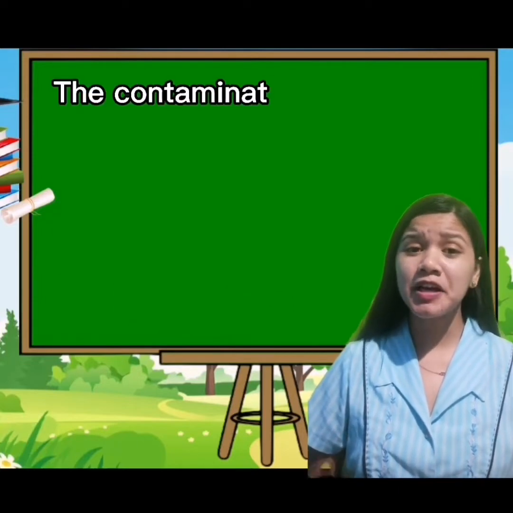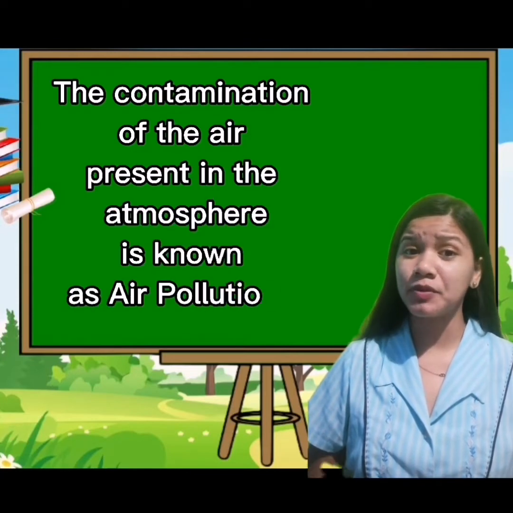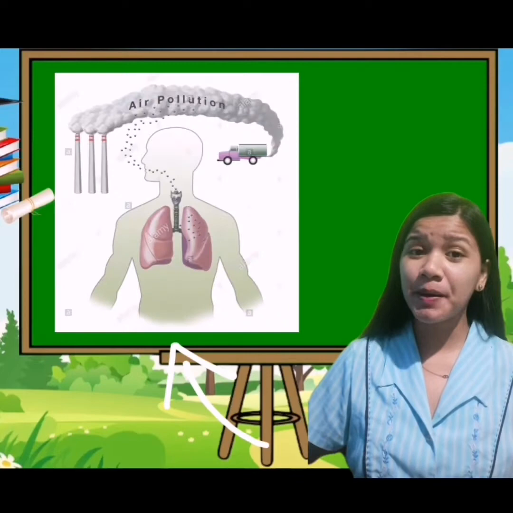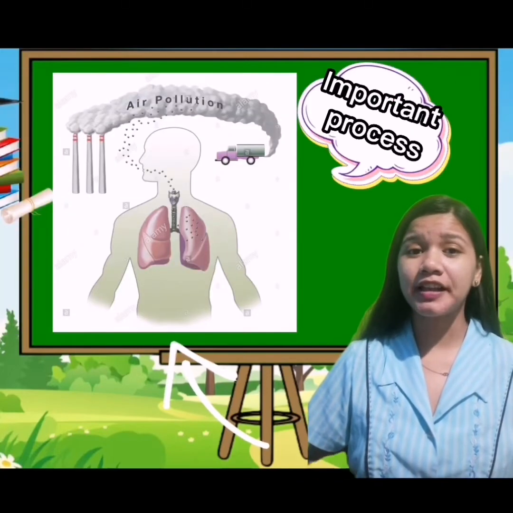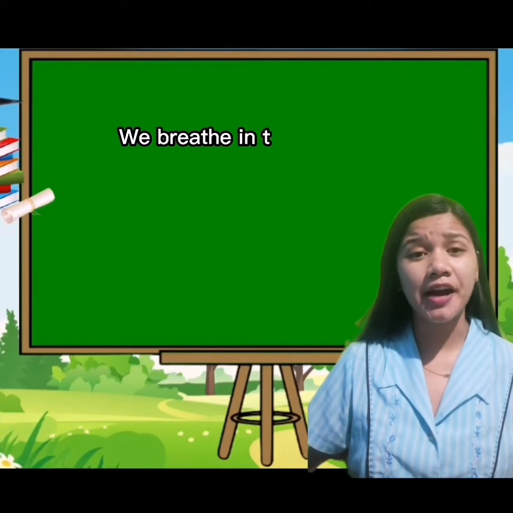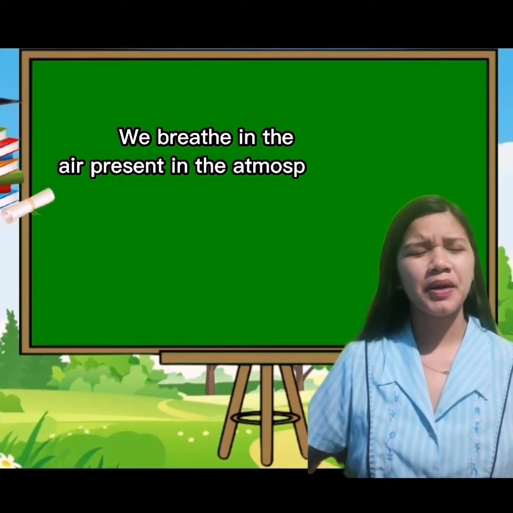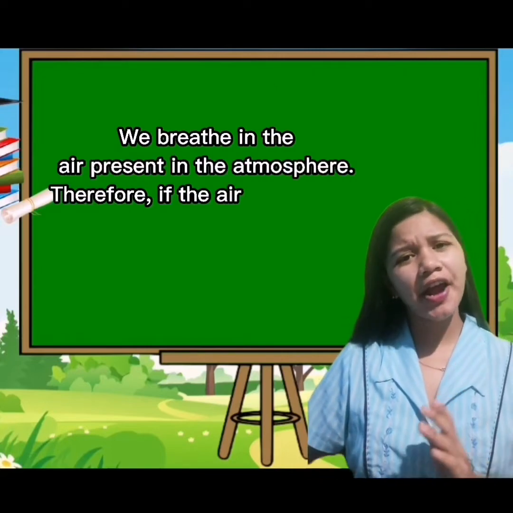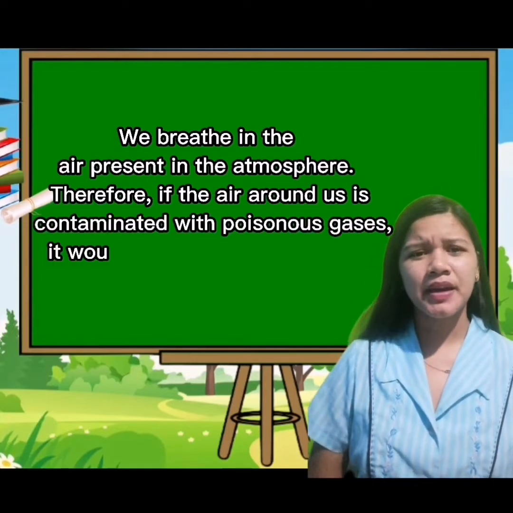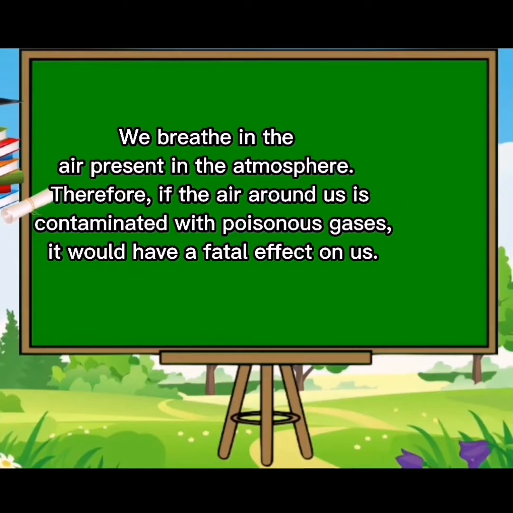The contamination of air present in the atmosphere is known as air pollution. Respiration is an important life process of all living things; we breathe in the air present in the atmosphere. Therefore, if the air around us is contaminated with poisonous gases, it would have a fatal effect on us.